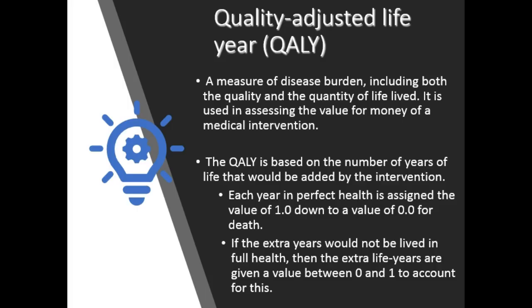intervene. Another tool used in the identification of cost-effective treatments is a QALY, or Quality Adjusted Life Year. This is a measure of disease burden including both the quality and the quantity of life lived. It is used in assessing the value for money of a medical intervention.